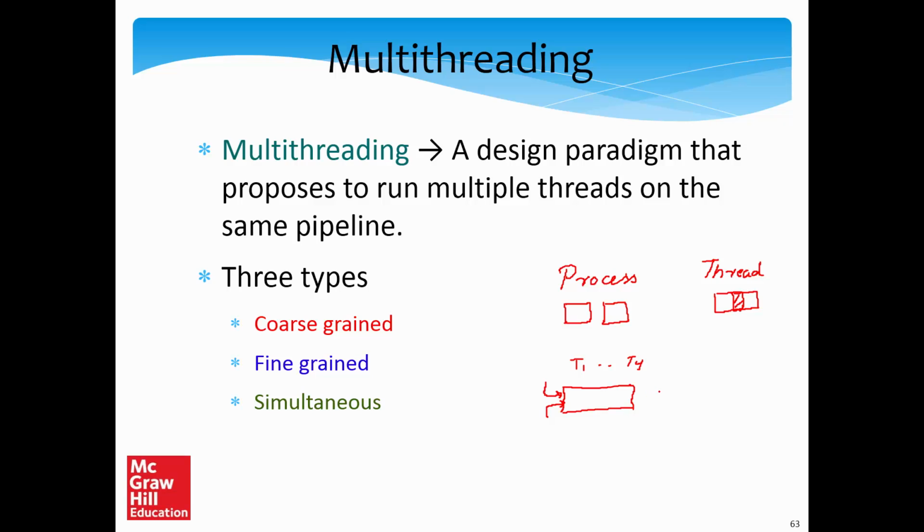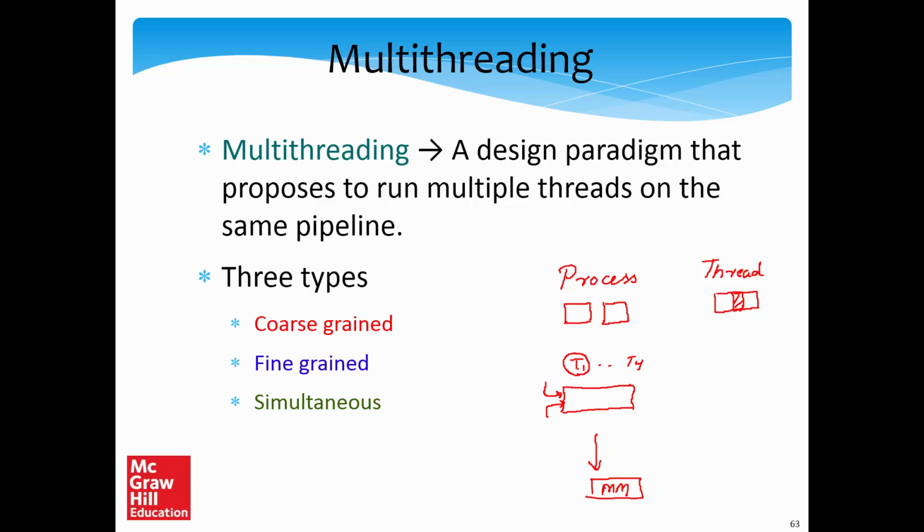So this will, in a sense, increase our throughput, because sometimes it does happen when we are accessing memory that, assume for thread T1, it misses in the L2 cache, so the request has to go all the way down to main memory. For 200 or 300 cycles, T1 will not be able to make any progress.